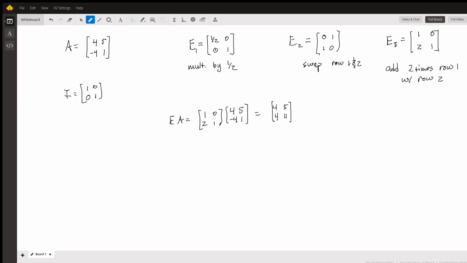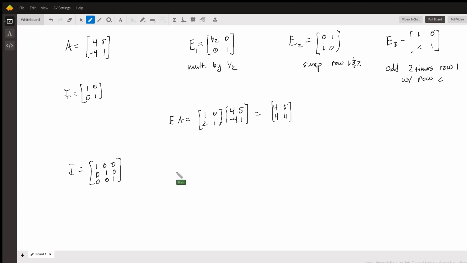Now this also extends to 3-dimensional matrices. For whatever 3-dimensional matrix, if you wanted to swap rows, or if you wanted to add a row to another row, you just do that exact process to the identity matrix in dimension 3, so the 3x3 identity matrix. Again, if you wanted to swap rows 1 and 2, you just swap these two.